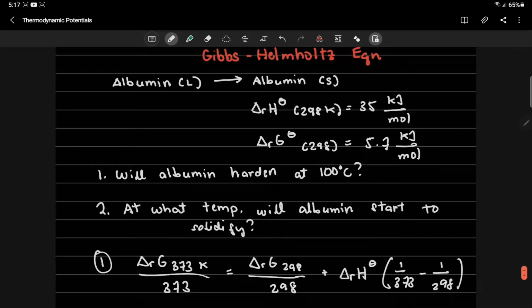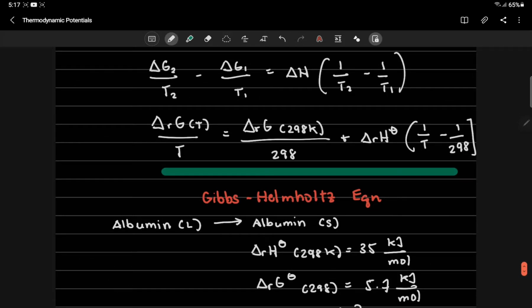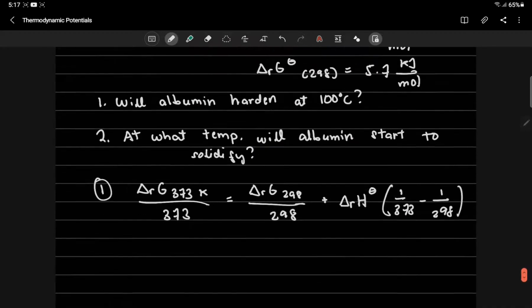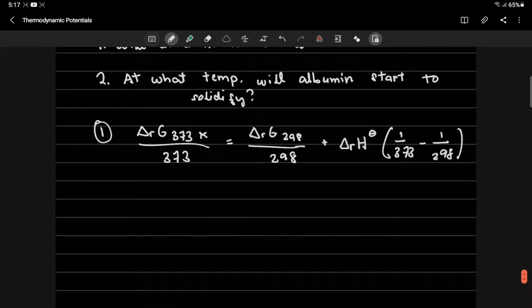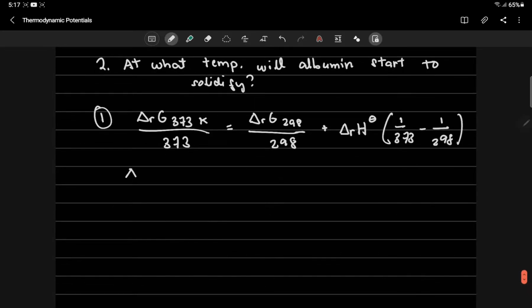So, basically, ito yung equation, yung Gibbs-Helmholtz equation. So, delta G at 373 is the unknown here.